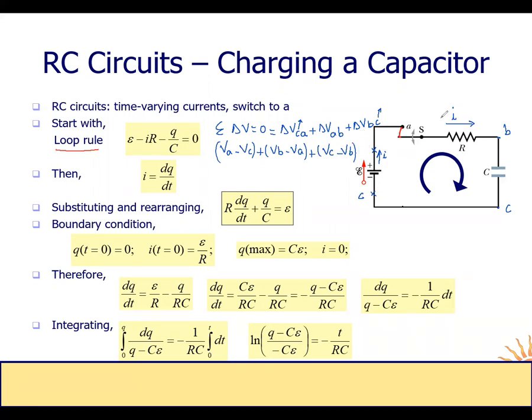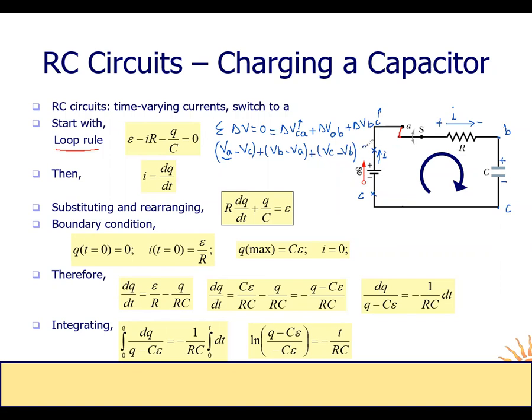Here we have plus and minus. Here we have the positive side. The positive side will be plus, and here we have minus. We start with VA minus VC. Between A and C, we have the battery.